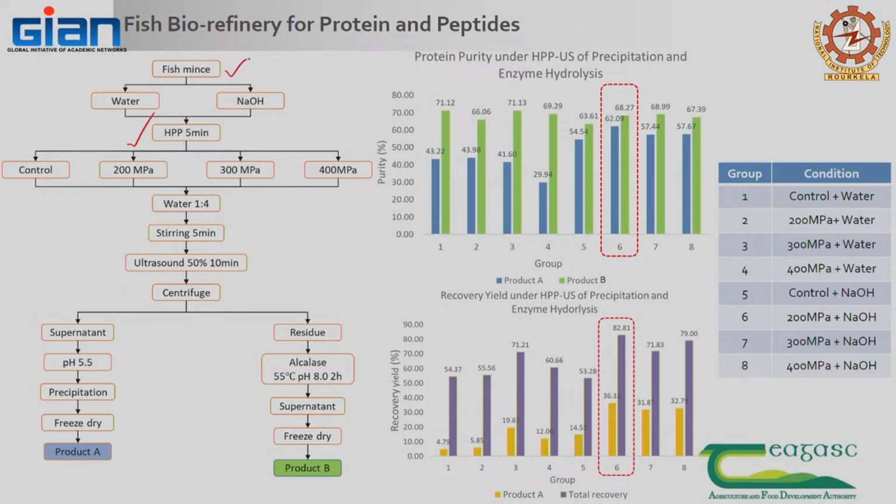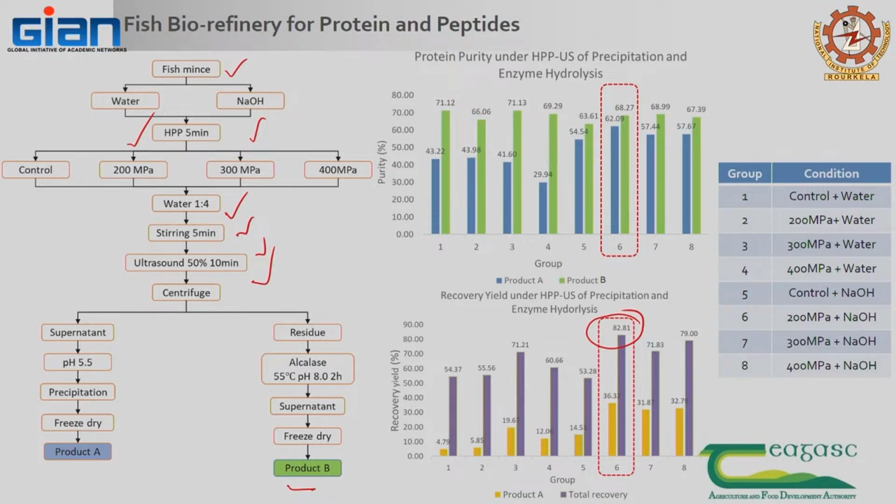Here the ratio was only 1:4, not 1:10, because the fish used here was fresh fish, minced with lower water, and then we used two different techniques, one after the other, and now your recovery of these is improved.